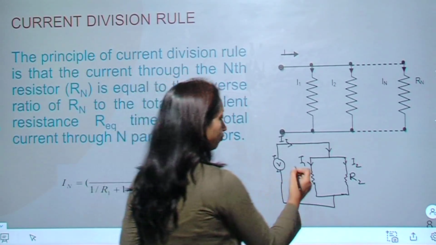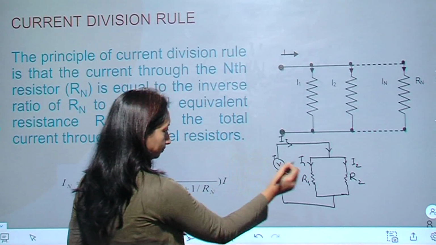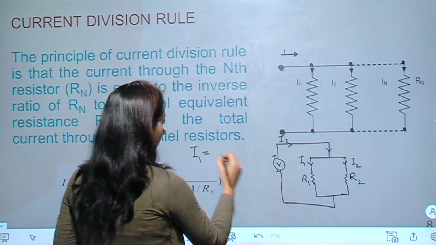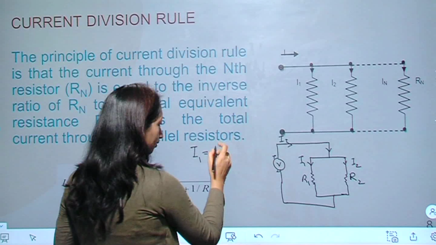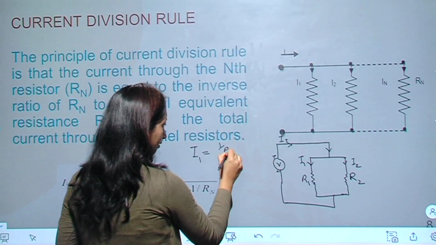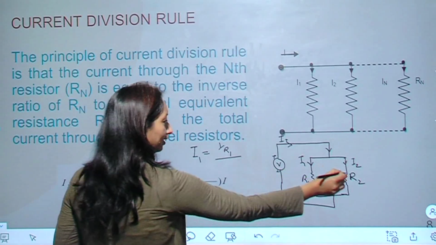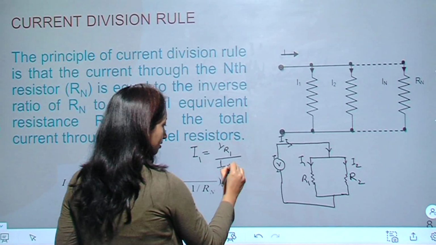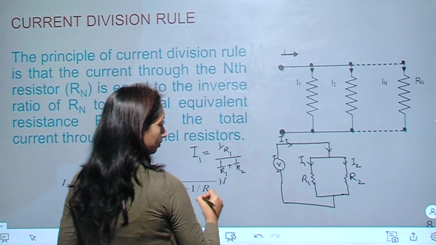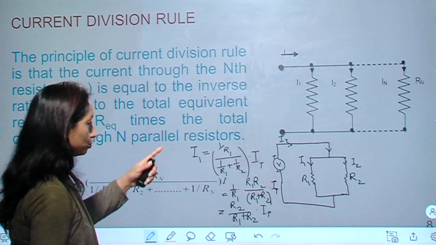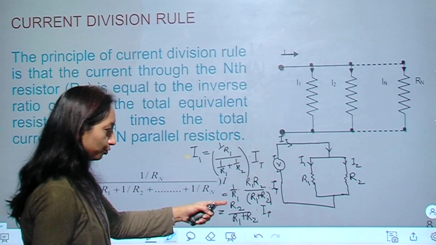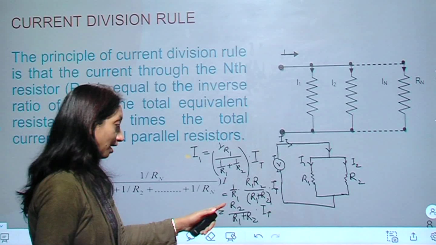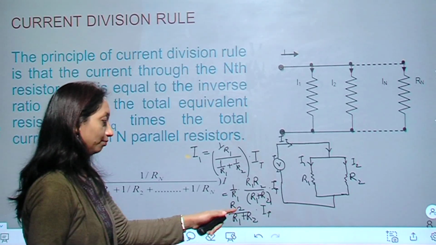So using the current division formula, I1 is across R1, therefore I1 equals 1 by R1 divided by 1 by R1 plus 1 by R2, as both are connected in parallel. So I1 is equal to R2, the resistance of the other branch, divided by the total R1 plus R2.